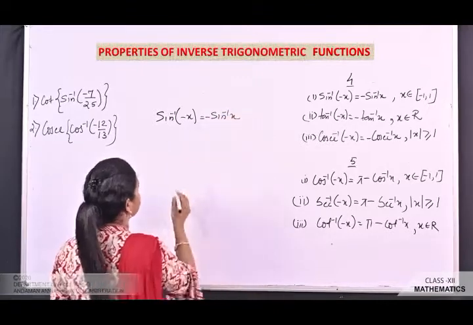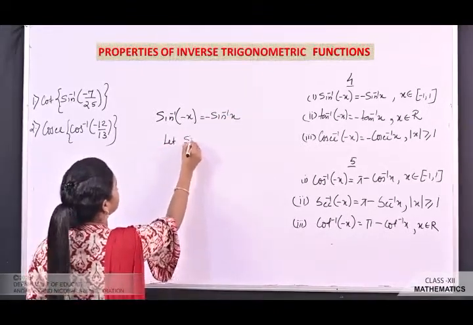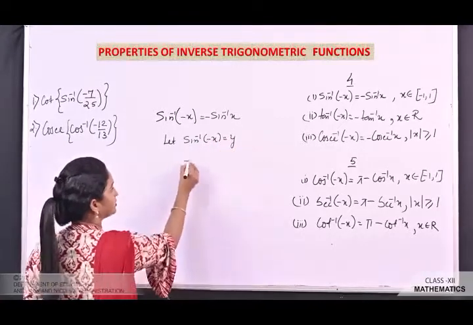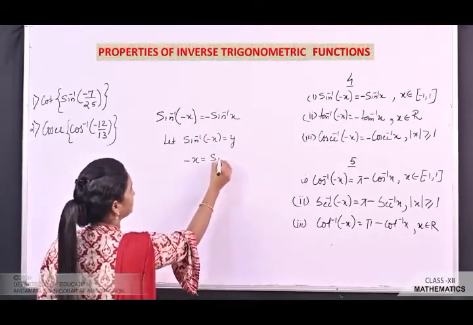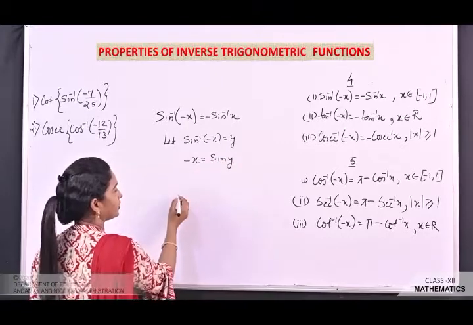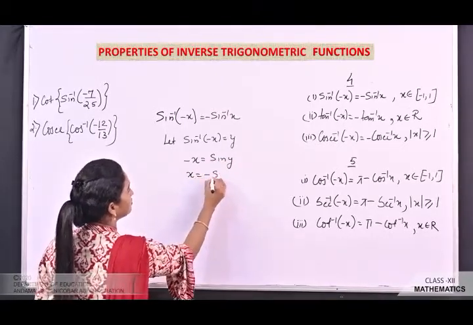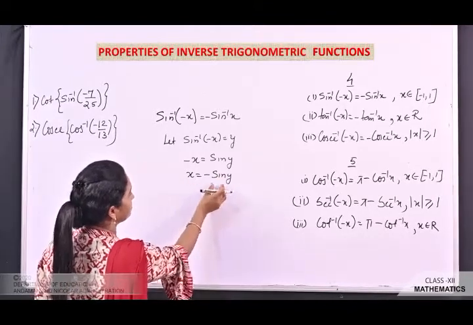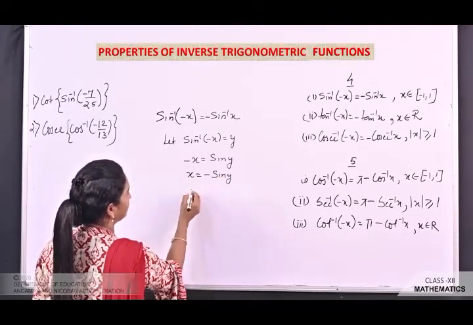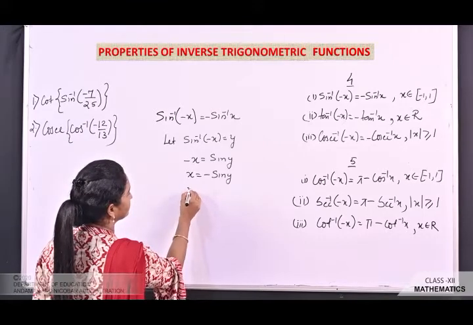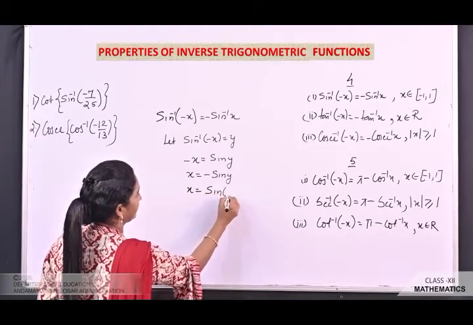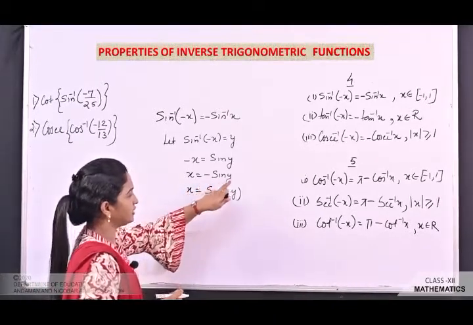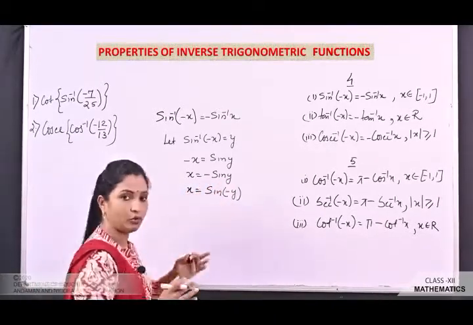Let us solve the first formula, that is sin inverse of minus x is equal to minus sin inverse x. Now let sin inverse of minus x is equal to y. So minus x will be sin y, so x will be equal to minus sin y. Now x is equal to minus sin y. What does this mean? You can write it as sin of minus y, because we know that minus of sin theta and sin of minus theta are both the same.